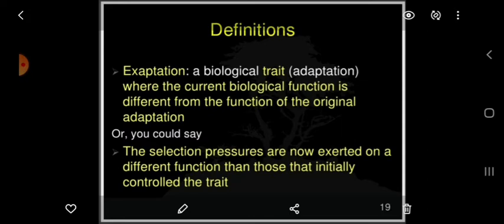that is a biological trait that is an adaptation where the current biological function is different from the function of the original adaptation. Or you can say that the selection pressures are now exerted on a different function than those that initially controlled the trait.